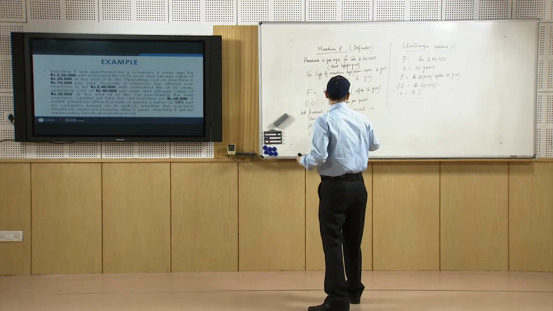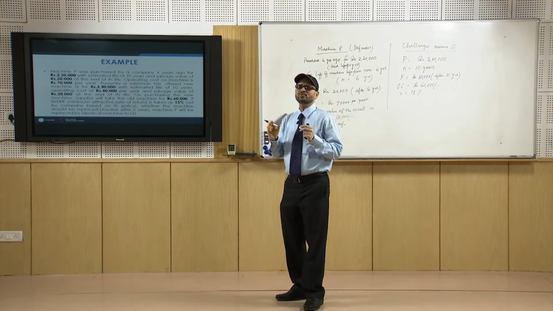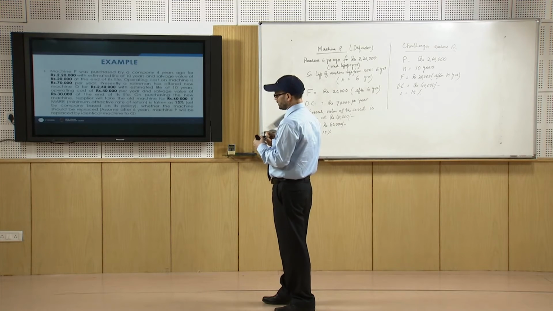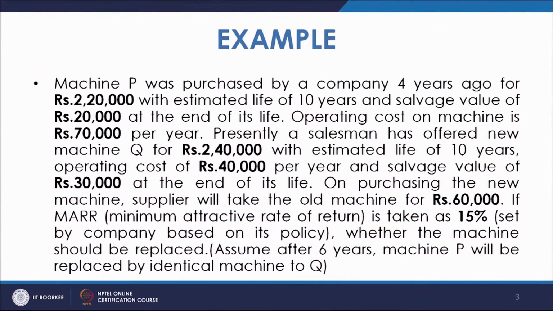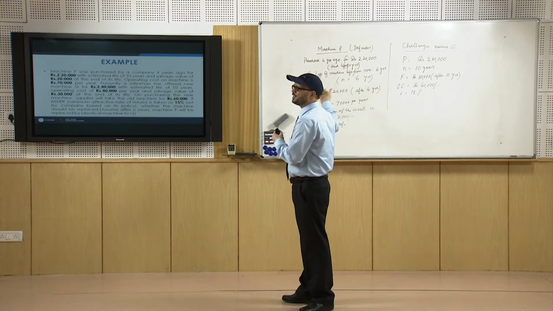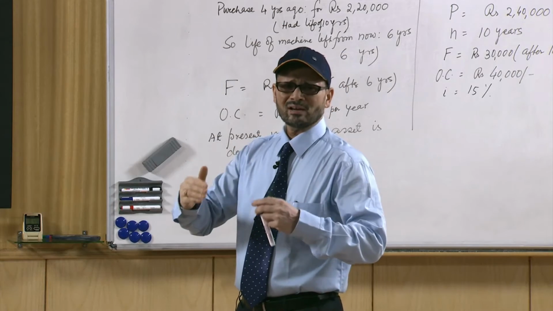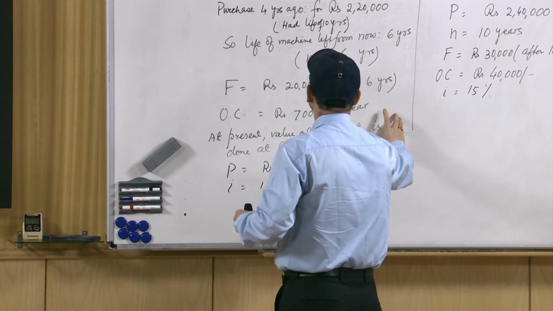Since the study periods are differing, we will take the study period which is the shorter one, that is n equal to 6 years, because it is assumed that after 6 years machine P will be replaced by an identical machine to that of Q. So, let us see, based on the study period of its life, what will be the annual cost incurred by these machines.